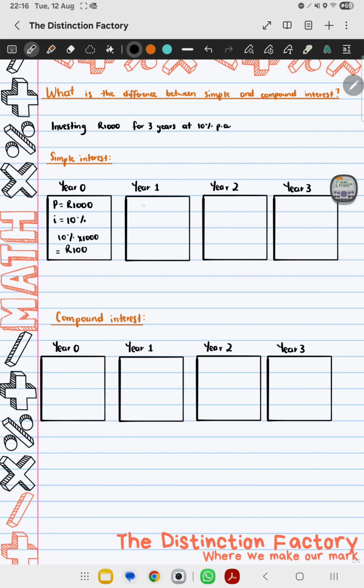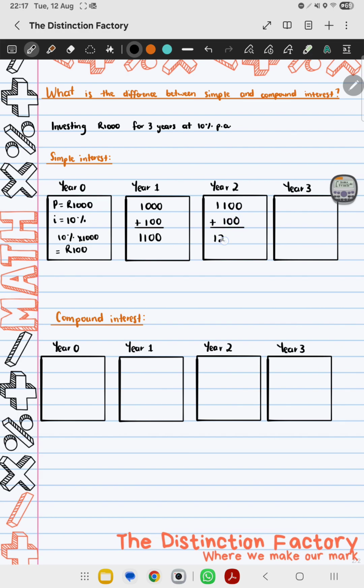So in the first year, we take what our investment started off with, and we add the interest that is collected, giving us a total of 1,100 Rand. Then in year 2, we are still adding the same amount to the investment. So we're taking what's currently in our account, which is 1,100 Rand, and we are adding another 100 Rand on top of that.